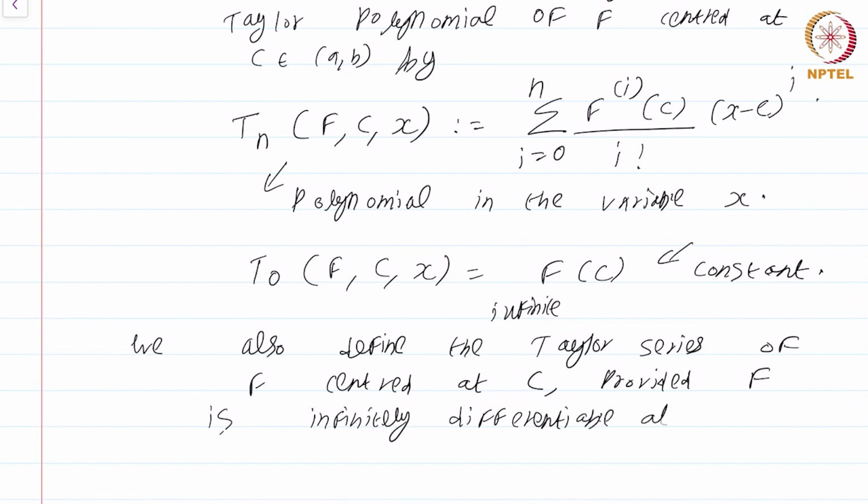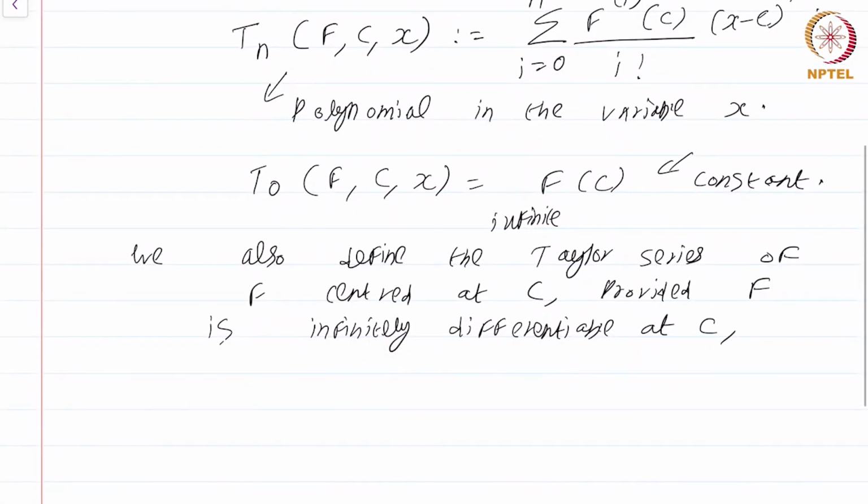You will see more about such functions, which are known as smooth functions, in the next module. This just means that you can repeatedly take derivatives of f at c. f prime of c exists, f double prime of c exists, f triple prime, and so on and so forth.